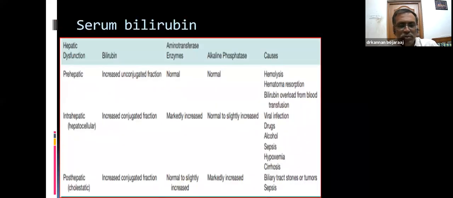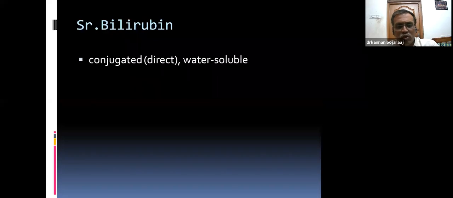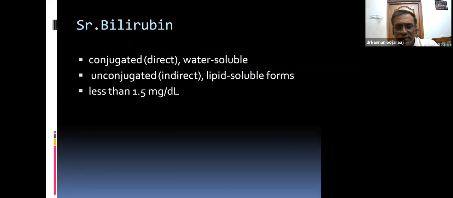Next is the serum bilirubin, the most important thing. With this bilirubin, we can consider whether it is conjugated or unconjugated. Conjugated bilirubin is the Van den Bergh positive, direct positive form. That is water soluble and can be excreted by the kidney.